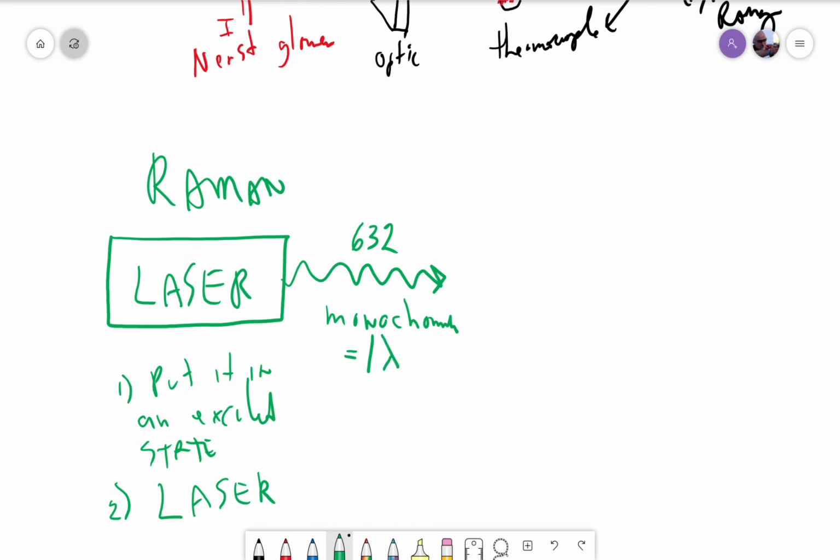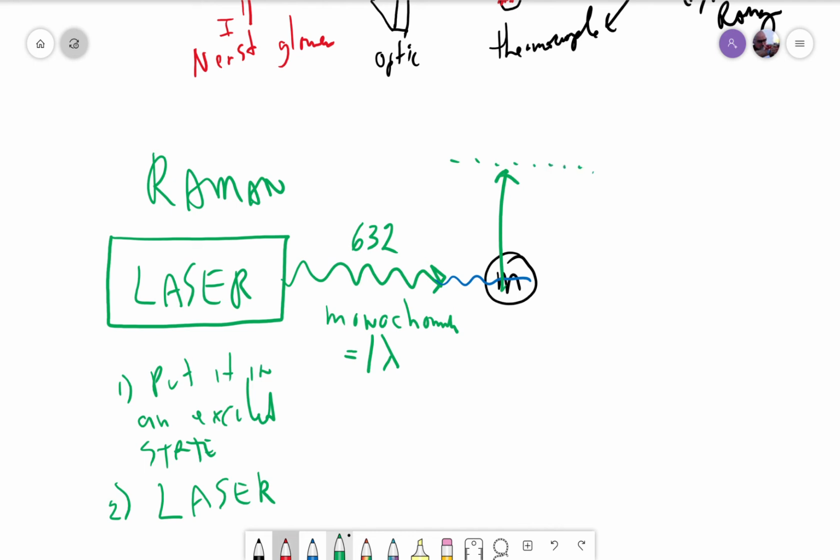If we know the energy of the input photon, then we can calculate the shift based on analyzing the Stokes and anti-Stokes emission that is released. As I said, the purpose of the excitation is simply to put the molecule up to some virtual state.